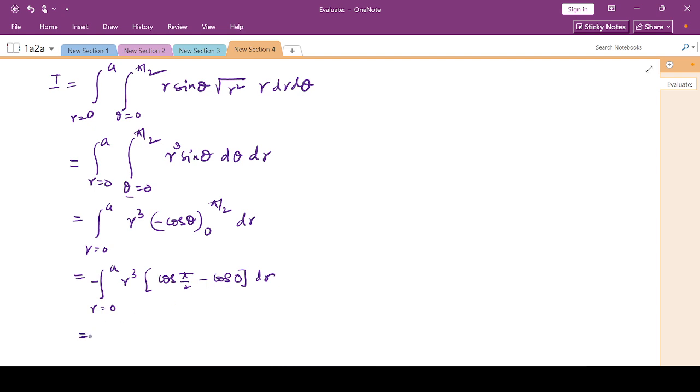I will rewrite once again: minus of the integral of r from 0 to a, r cube into minus 1 into dr.